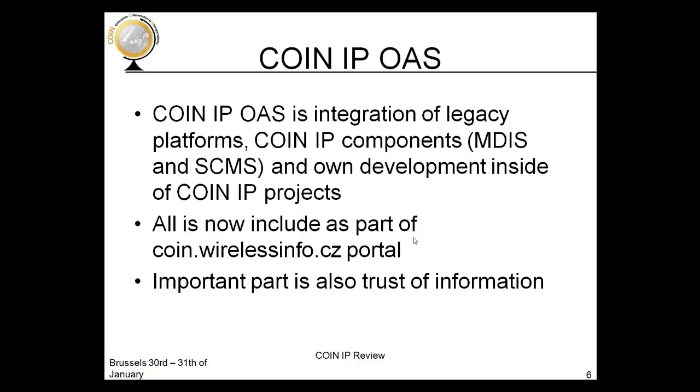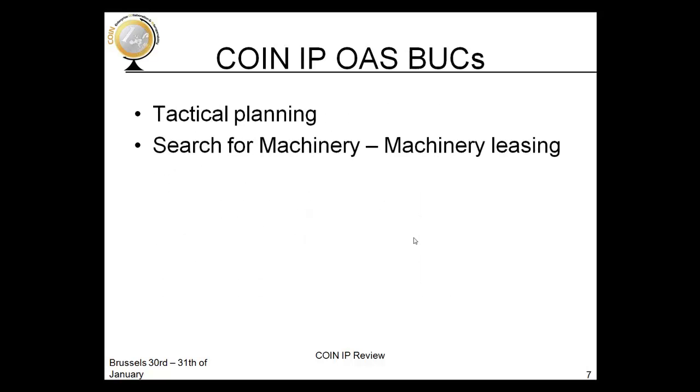For example, farmers are very often afraid that the food industry will have access to all internal information of the farm, because the food sector is much stronger than farmers, and it could be a big disadvantage for farmers. So the trust of information is also very important for this type of application.